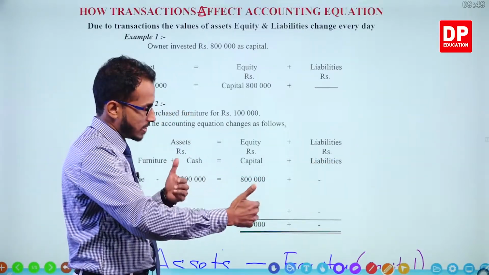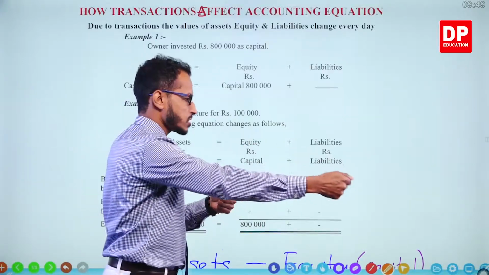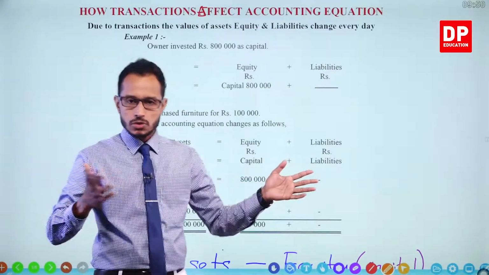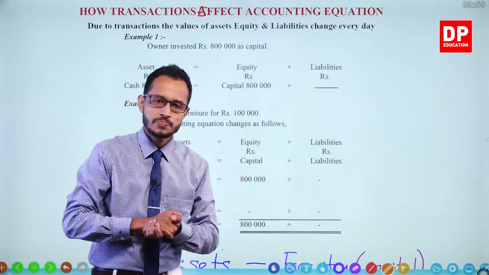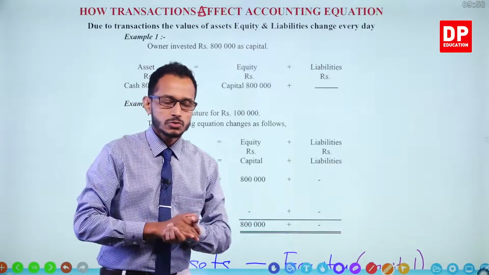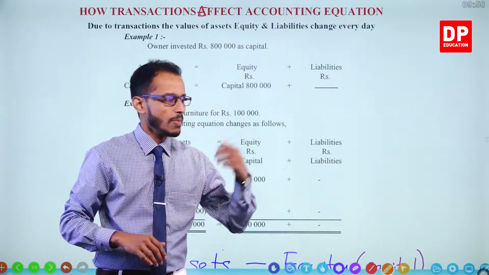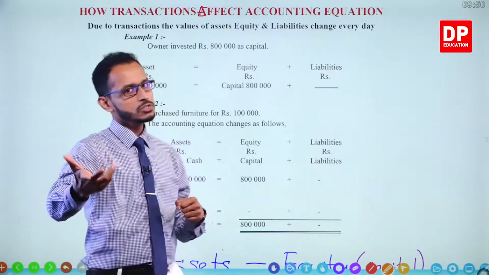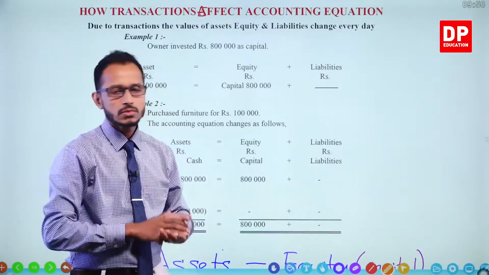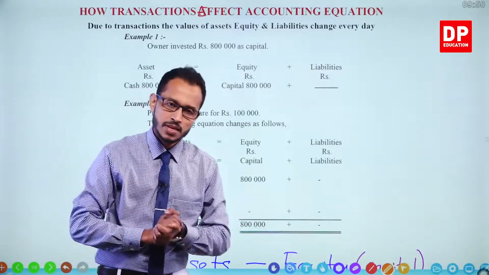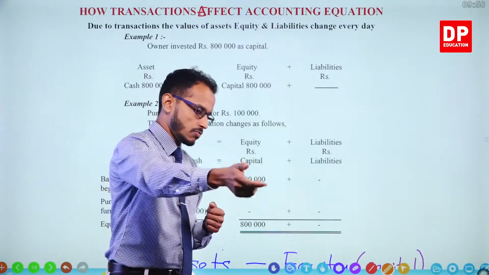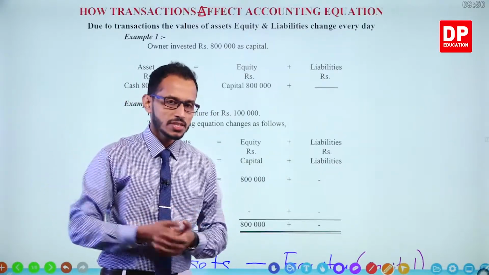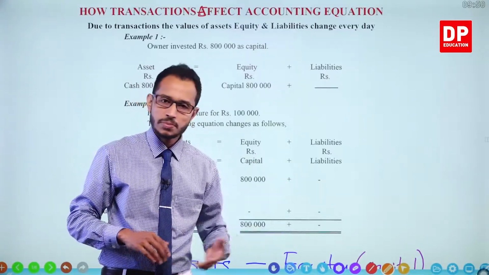When the business exchanges resources with various parties, those events are called transactions. To make it very clear, if we buy goods from an external party, from a supplier, that is a transaction. If we sell goods to a customer, that is a transaction. We pay a salary to an employee working in the business, that is a transaction. We pay the electricity bill, that is a transaction.